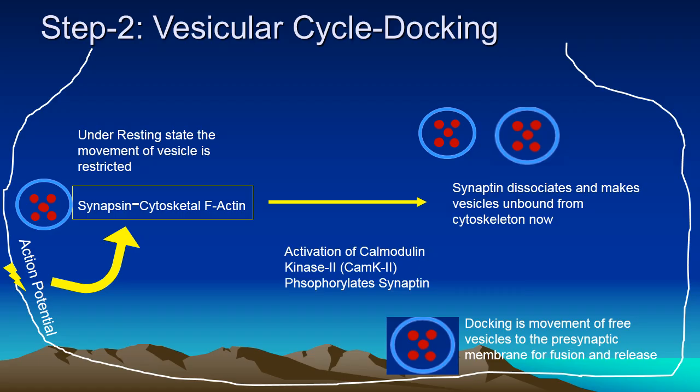There is a dissociation that makes the vesicle unbound from the cytoskeleton. There is activation and movement of these vesicles laden with neurotransmitter towards the presynaptic terminal membrane, which is called docking, so that they become fusion ready.